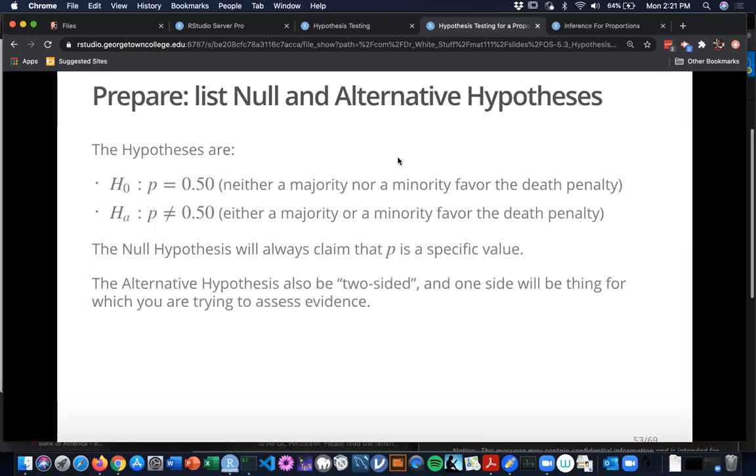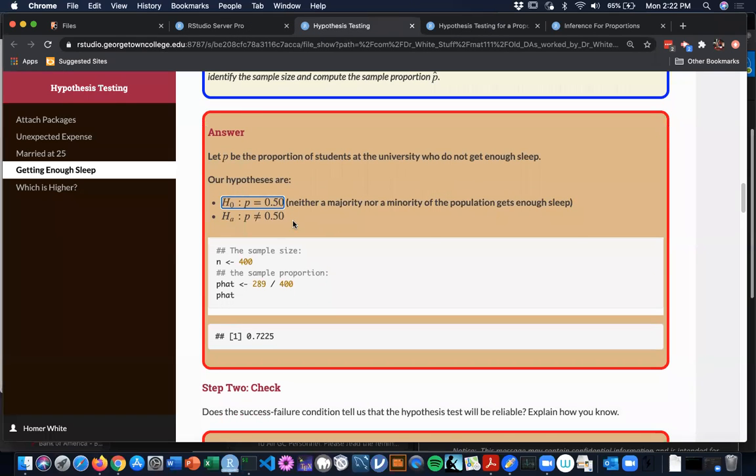When you've got a majority-minority question, like you're wondering if the data provides strong evidence that a majority of people do something, or a minority of people do something, then it's a good idea to let the null hypothesis say that the unknown population proportion is right at the boundary between majority and minority, 0.50. So we'll go that way with our problem.